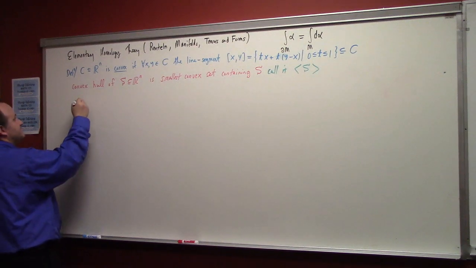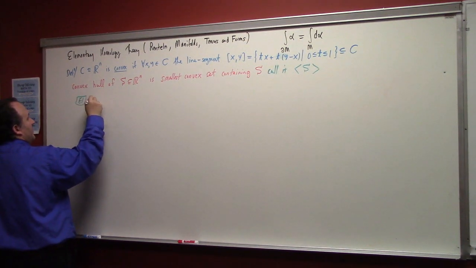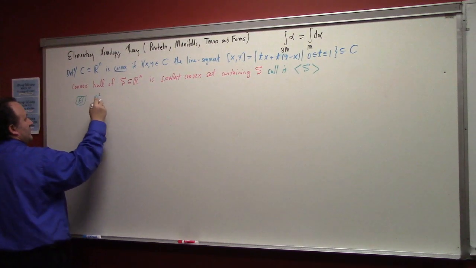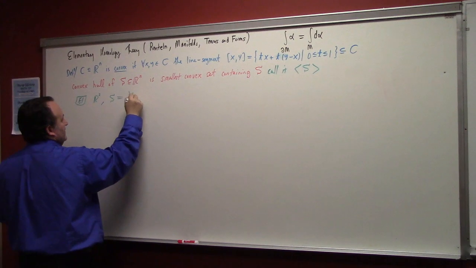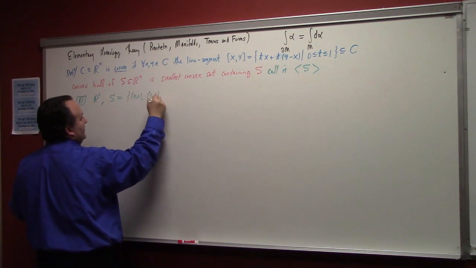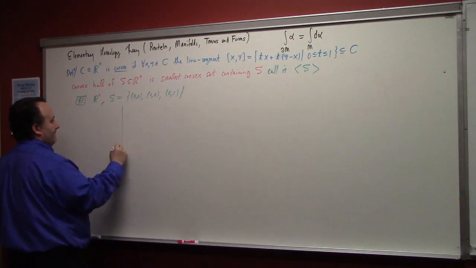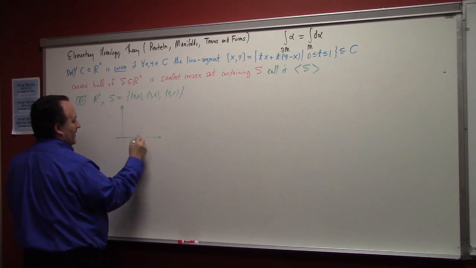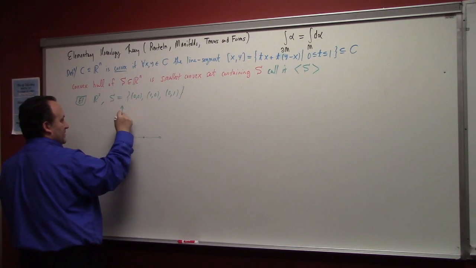So, for example, if we're in R2, and I let S equal to, let's say, (0,0), (1,0), and (0,1).